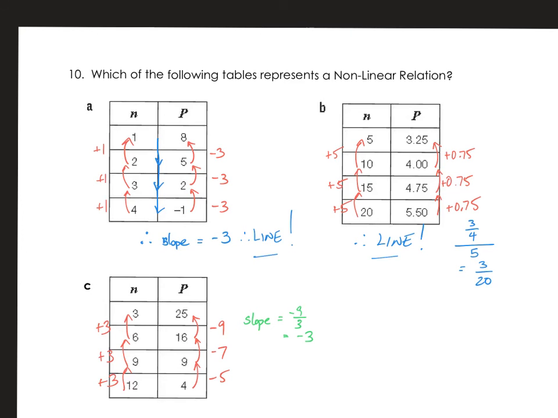However, if I then went through and calculated my slope in each case, my slope between my second and third point would have said that I went down 7 over a run of 3, and these two slopes are not equal. That would be enough for me to say, therefore, that is non-linear. Now, you may have gone through and completed that table.